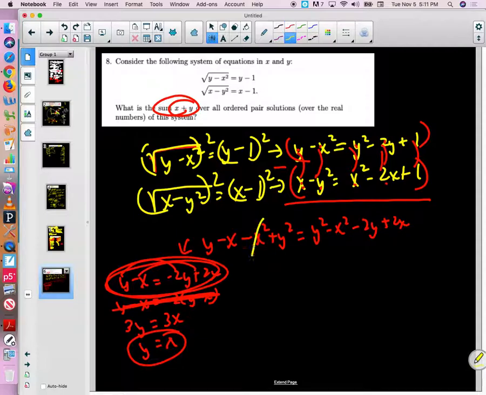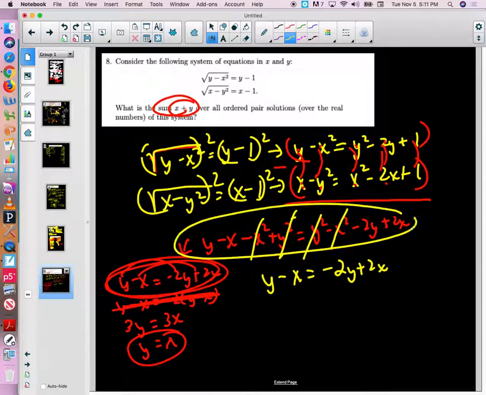All right, so the x squareds cancel, and y squareds cancel. So on this side I have y minus x. Oh, and on this side I have negative 2y plus 2x. I should have kept going with what I did here when I subtracted. Again, the reason to subtract is you cancel some things.